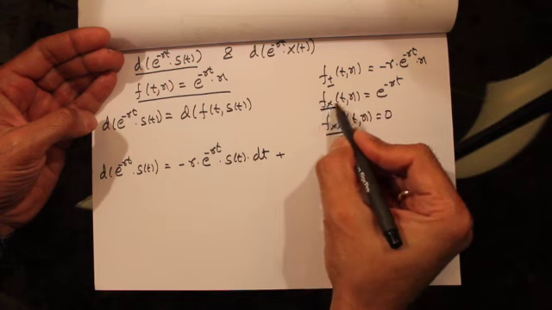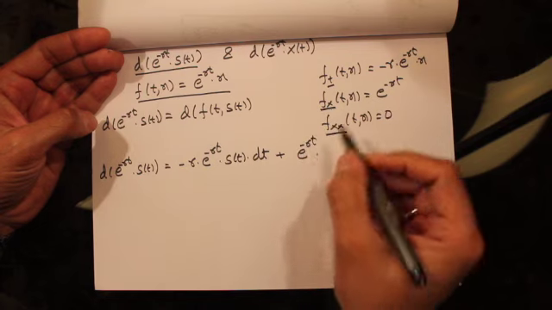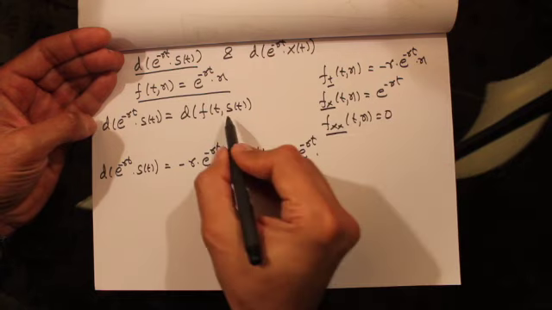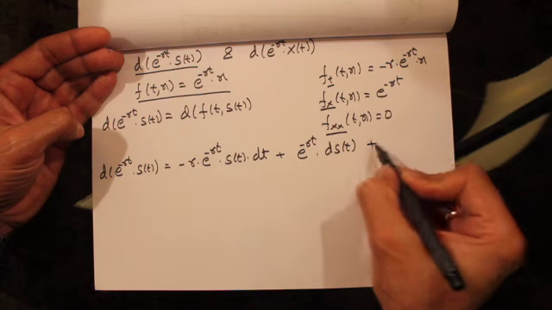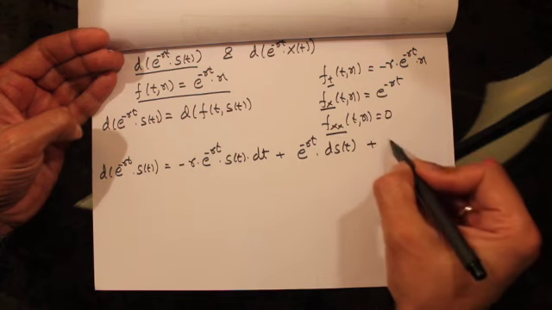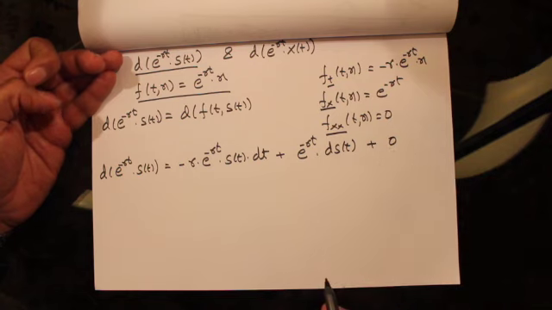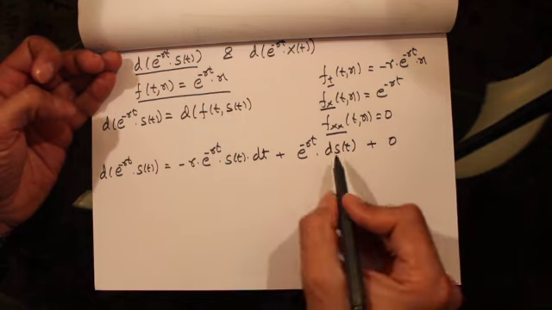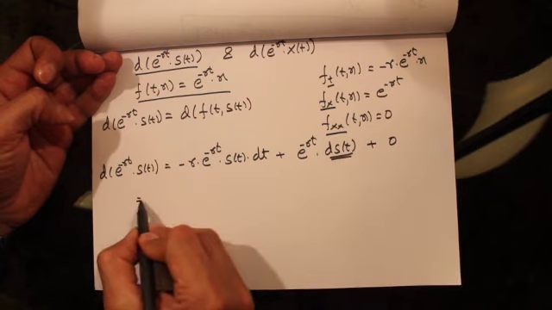But now let's consider f_x, which is e^(−rt), and dx. dx in this case is going to be dS(t) plus, because the second order partial is 0, I'm going to write this as 0. Now since our stock is modeled as a geometric Brownian motion, we can simplify this further.